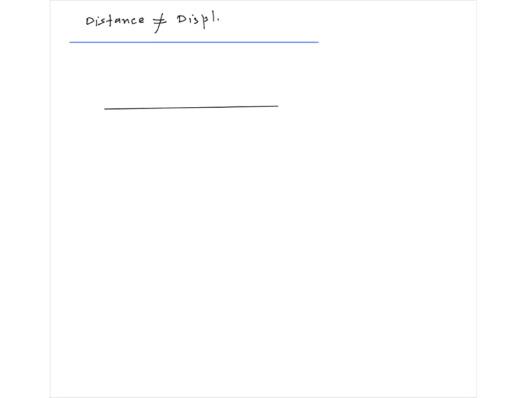Now, suppose a particle is going only towards right side. In that case, there is no difference between the magnitude of displacement and distance. If it goes in only one direction.